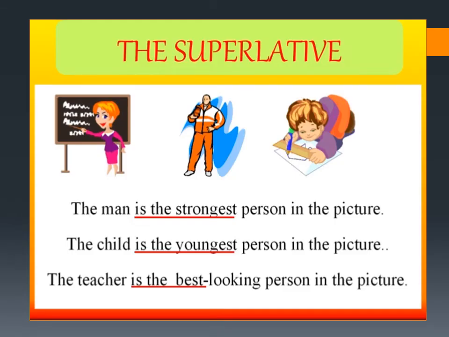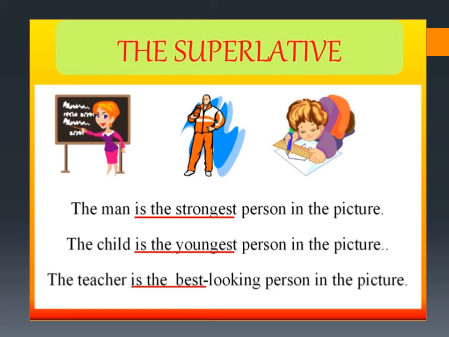And this is about the superlative form. The man is the strongest person in the picture. The child is the youngest person in the picture. The teacher is the best looking person in the picture. So to attain a superlative form, children, we need more than two people or more than two things.